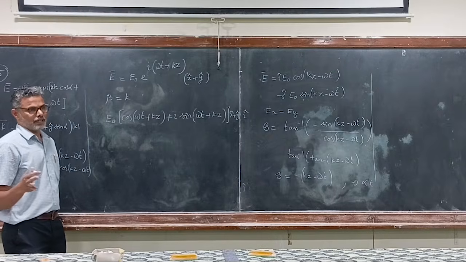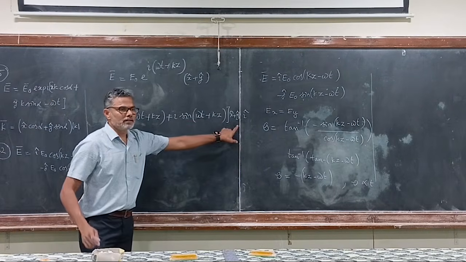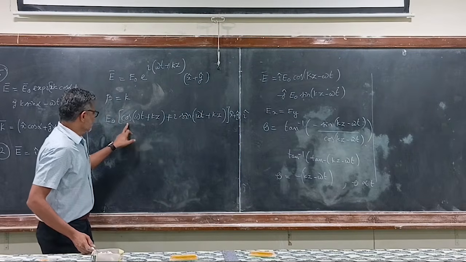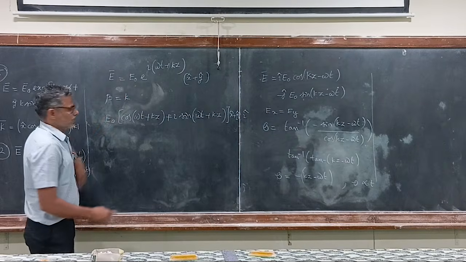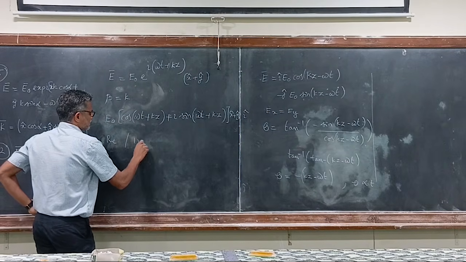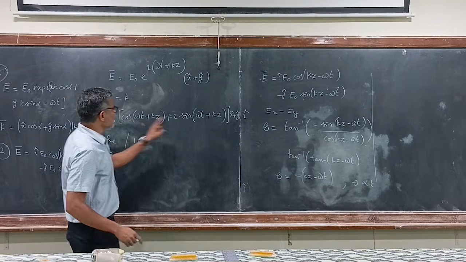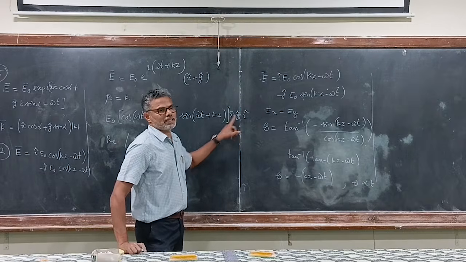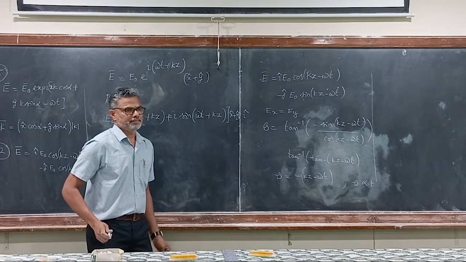That means it is linearly polarized. Then the x component and y component, the coefficient, there is no change in the phase. This is also cos and sin. If I take only the real part, or the imaginary part, only cos will come or sin will come. But both of them have x cap plus y cap, so x and y both will have the same starting point and same end point.